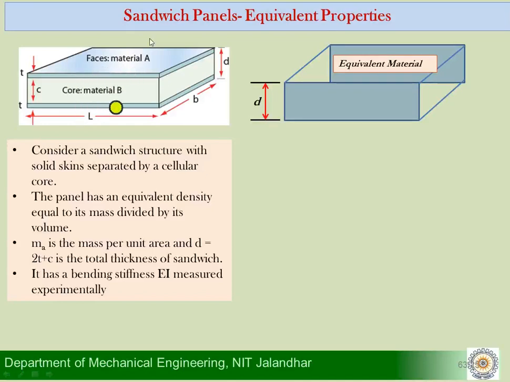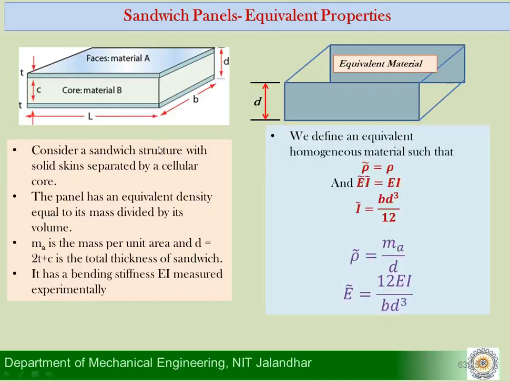You can measure the density of this sandwich itself, and then the equivalent material will have the same density as obtained by making a sandwich structure of the two types of materials B and A. So we define here an equivalent homogeneous material which will have the equivalent properties as are obtained by making a sandwich out of material A and material B.